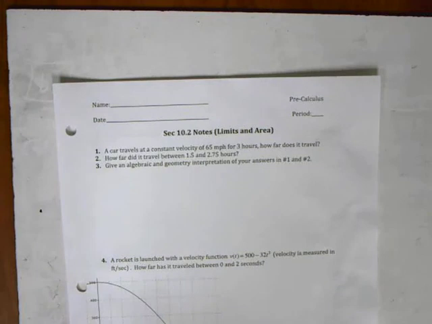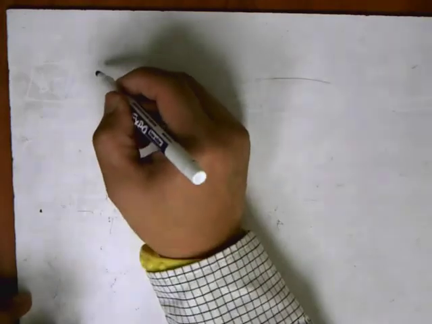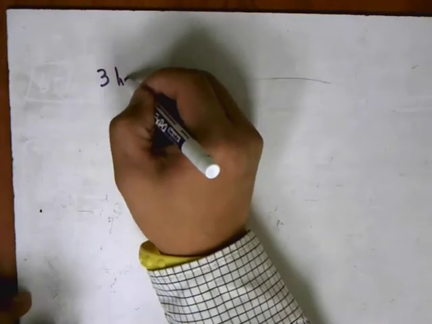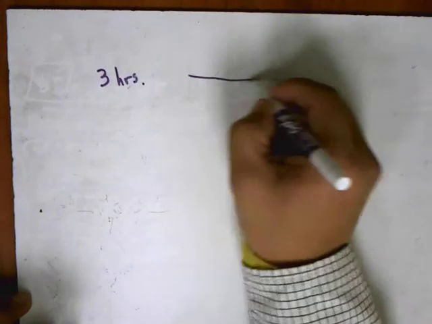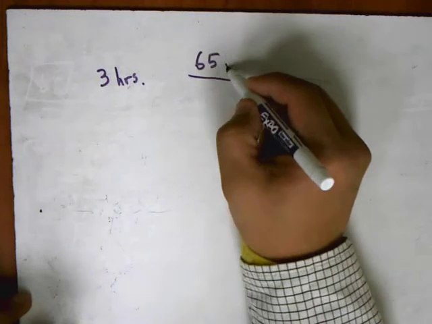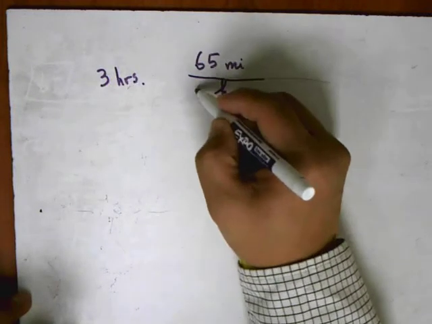Number one, a car travels at a constant velocity of 65 miles per hour for 3 hours. How far does it travel? All right, so let's calculate this. You've got 3 hours, and it travels at 65 miles per hour.